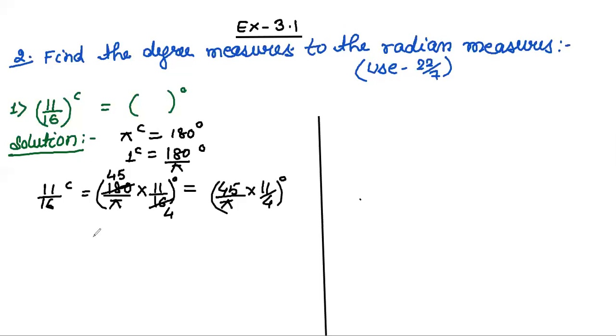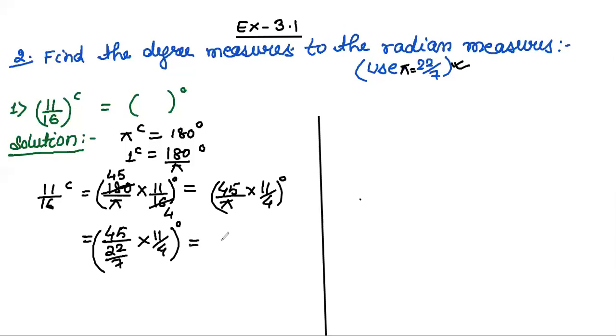Now here we have to apply the value of pi, and that value is pi equals 22 by 7. So we will apply here 22 by 7. I have told you earlier, whenever we have to convert radian to degree, we always have to apply the value of pi. So 45 by 22 by 7 into 11 by 4.